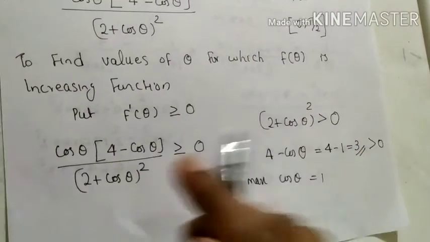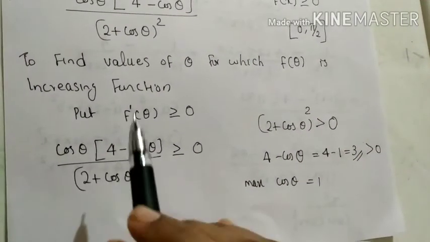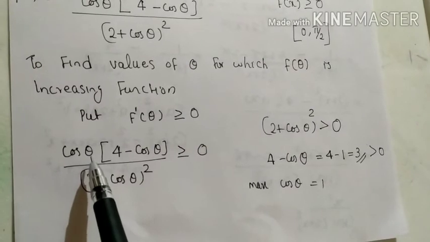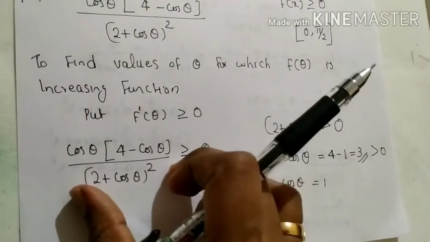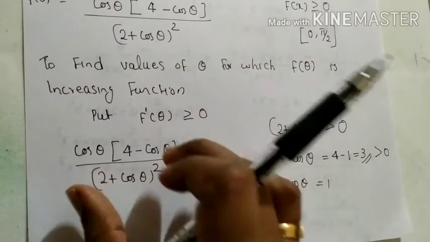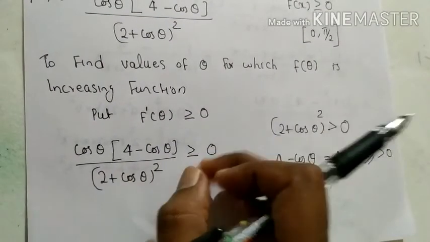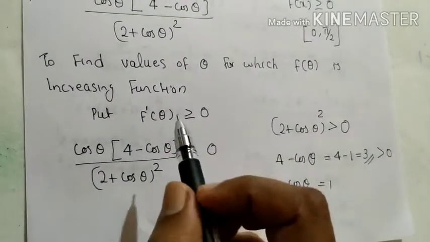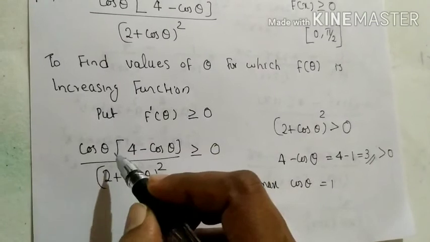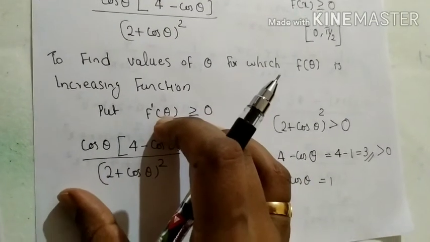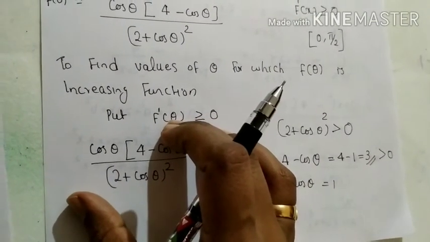The last term is cos theta. If cos theta is positive, we can say that the whole derivative should be greater than or equal to 0. If cos theta is negative, the whole derivative becomes negative.